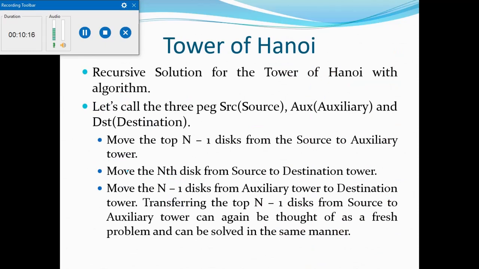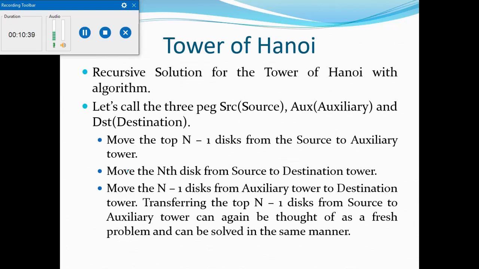So how we can solve a tower of Hanoi problem, that we have already seen. A recursive solution for the tower of Hanoi, with the algorithm that we have to consider. Let's call the three pegs, or three sticks: source, auxiliary and destination. So the first stick will be the source, the second stick will be the auxiliary, and the third stick will be the destination.